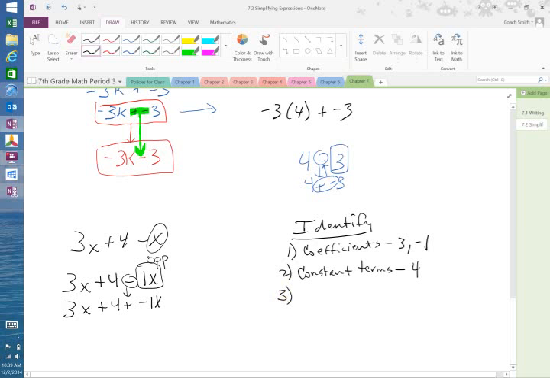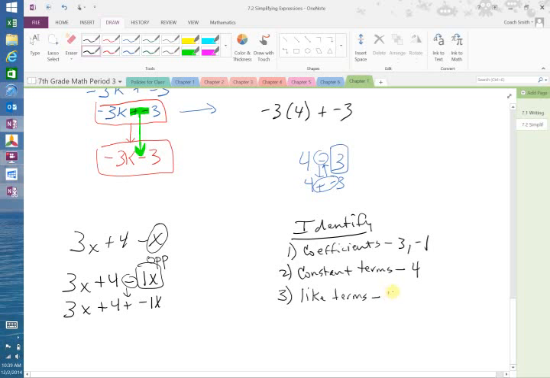The third part, they want to know the like terms of the problem. So what are the like terms of this problem? In other words, what are the terms that you would be able to put together? Celine.